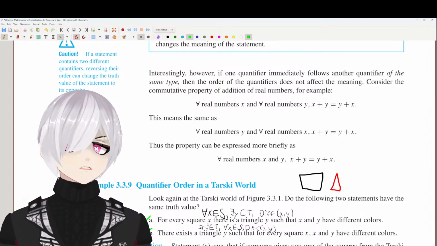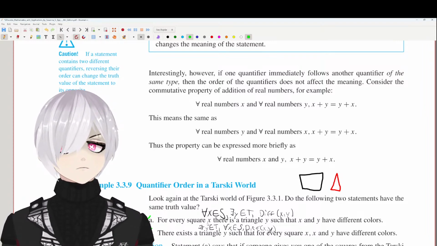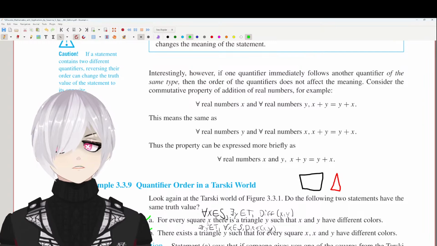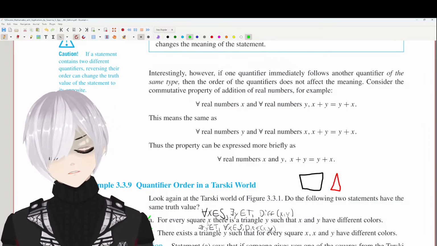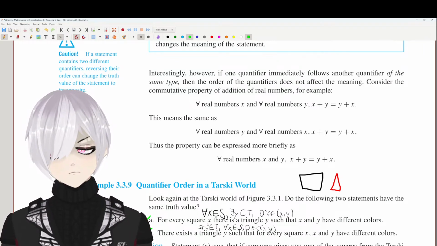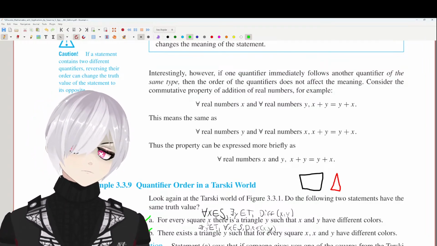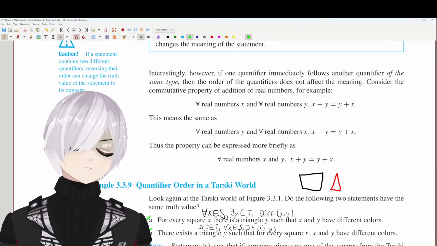Interesting. So how do you articulate that they don't necessarily have the same truth value? They aren't logically equivalent. To be logically equivalent means they always have the same truth value in any scenario.